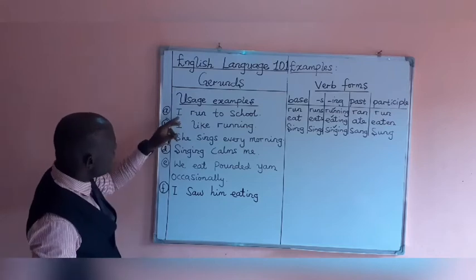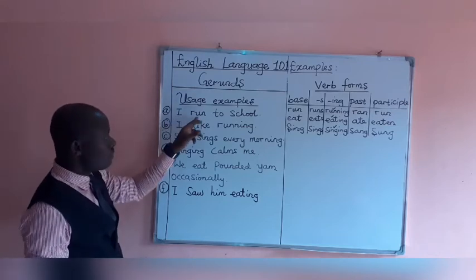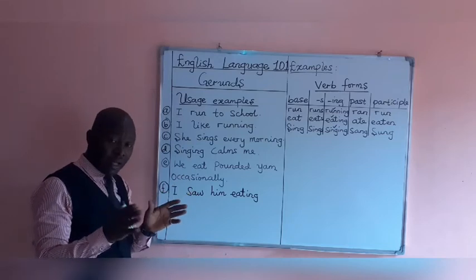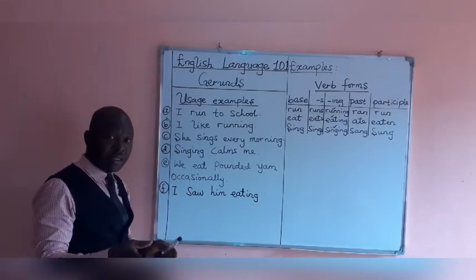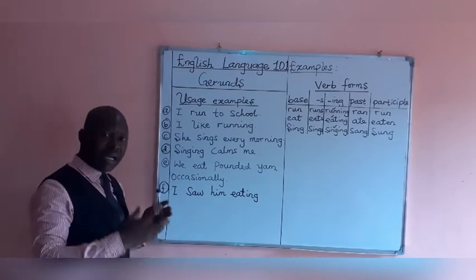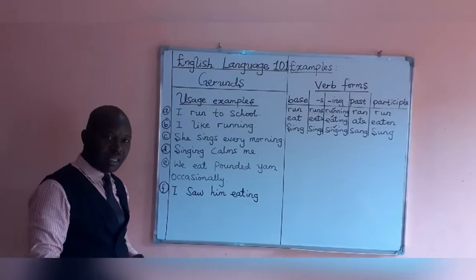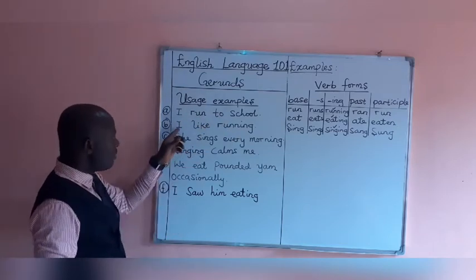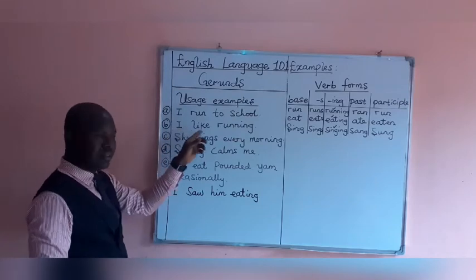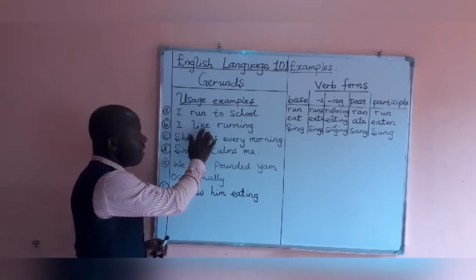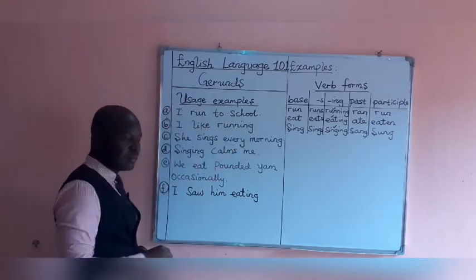Now, if you look at the first sentence, run here is functioning as a verb, the action word, the semantic word, the word that carries the meaning of the sentence. I run to school.